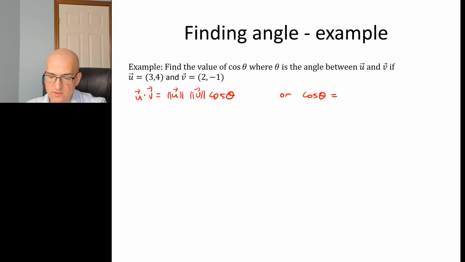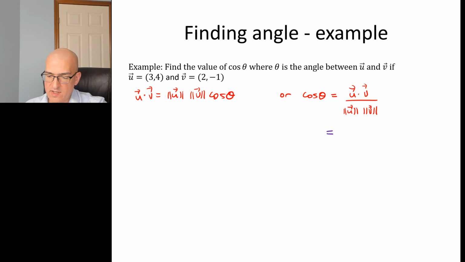Cos of theta is equal to u dot v divided by length of u times length of v. So it doesn't matter which way you go. I'm going to start with the second one.